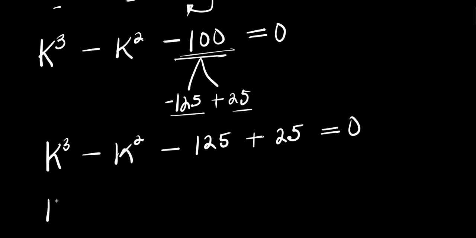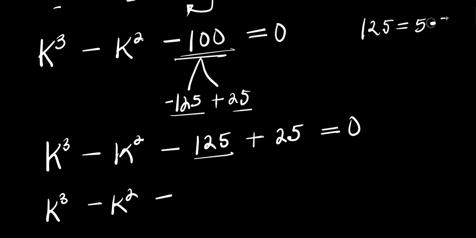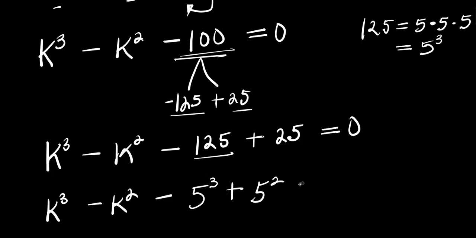From here we have k power 3 minus k power 2 minus 125, where 125 equals 5 times 5 times 5, which is 5 power 3. So this is 5 power 3, plus 25 is 5 power 2, equals 0.